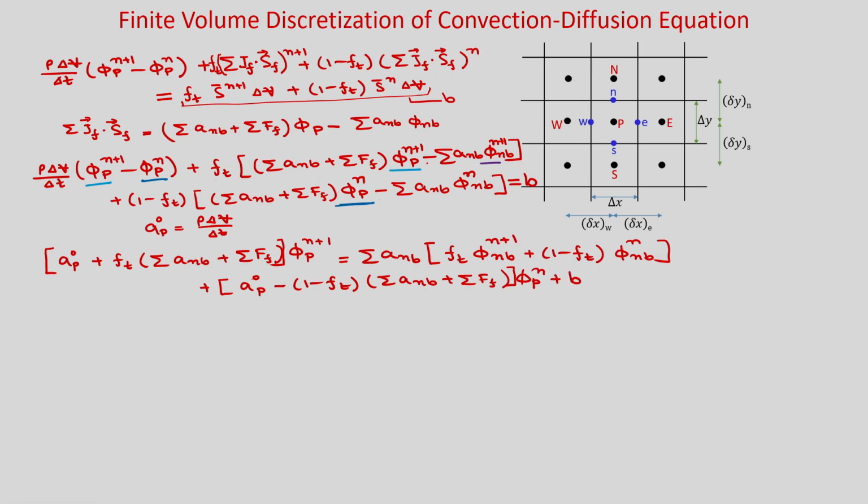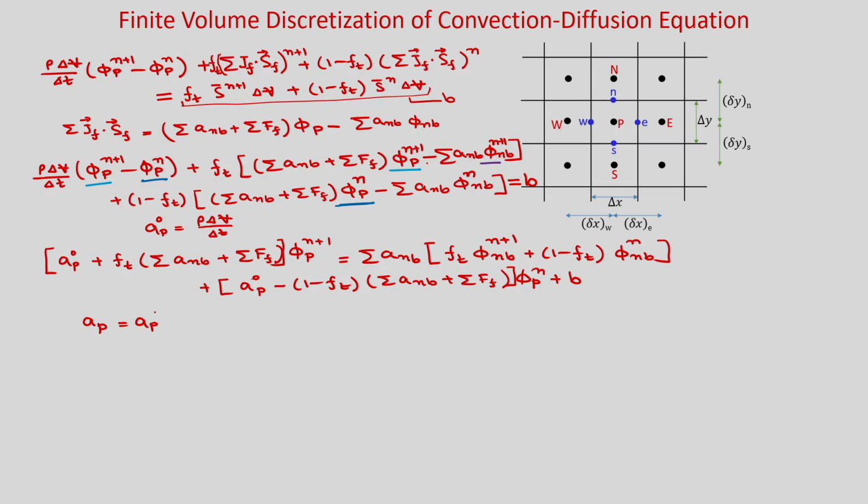So, the coefficient of phi p is the diagonal coefficient that we can represent as a p. So, you can write a p as a p naught plus f t summation of a n b plus summation of f f.